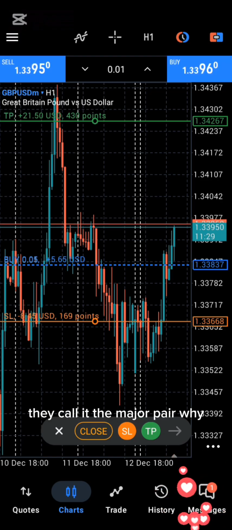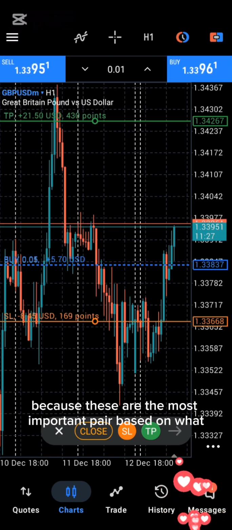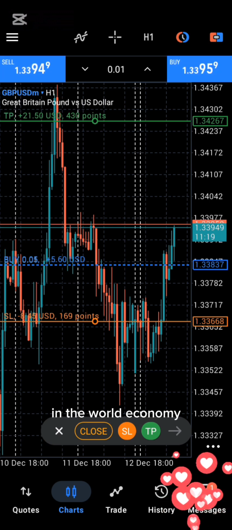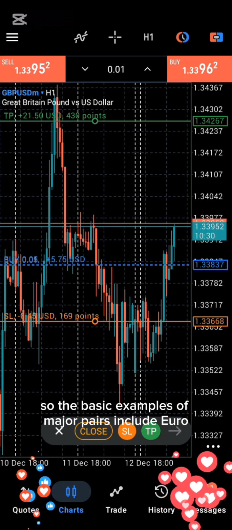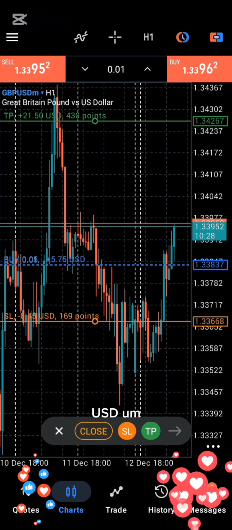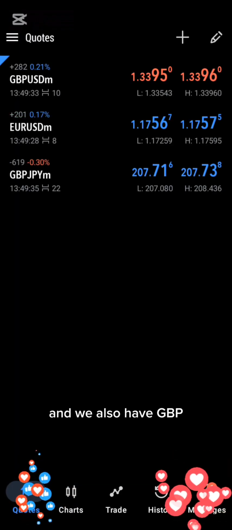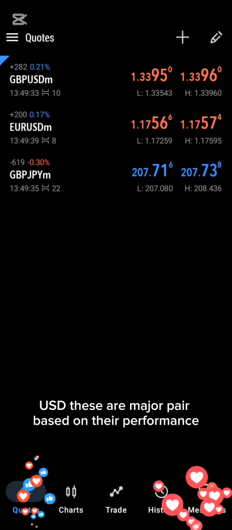They call it the major pair. Why? Because these are the most important pairs based on their economic performance in the world economy. So the basic examples of major pairs include EURUSD, as you can see here on my quotes. We also have GBPUSD.